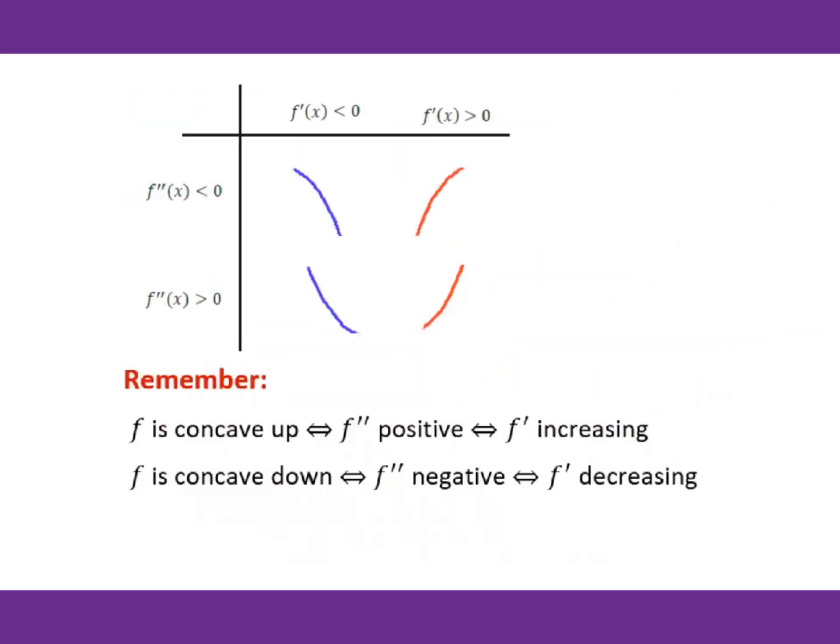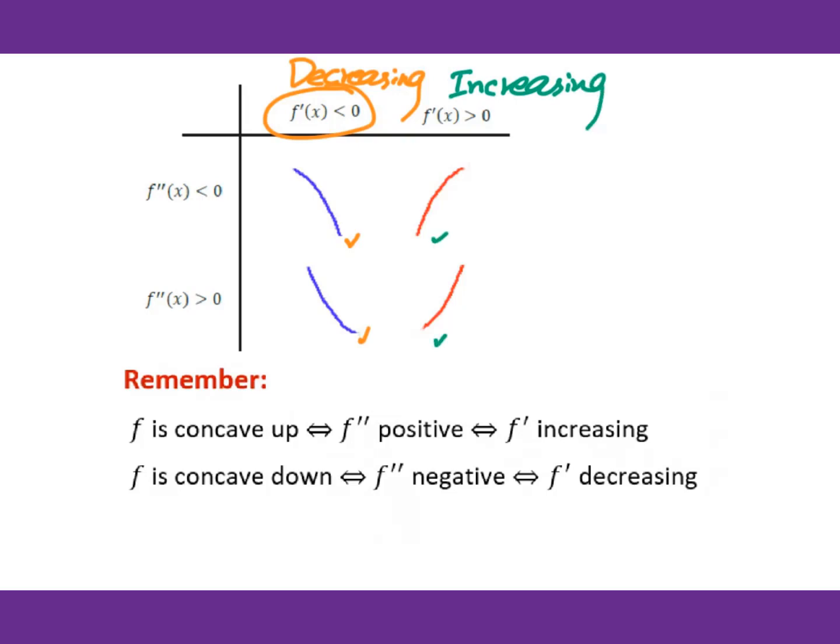Let's draw a conclusion. When the first derivative is less than 0, that means the graph is decreasing, like these two graphs. When the first derivative is greater than 0, the graph is increasing, like these two.